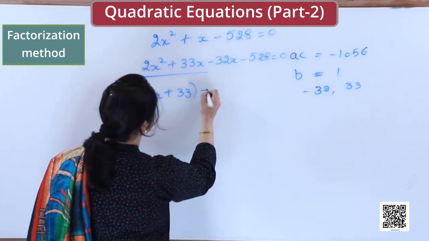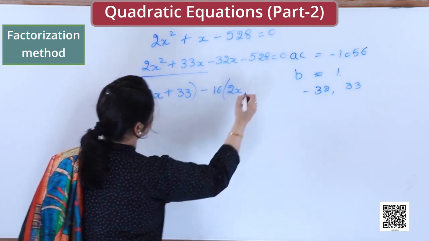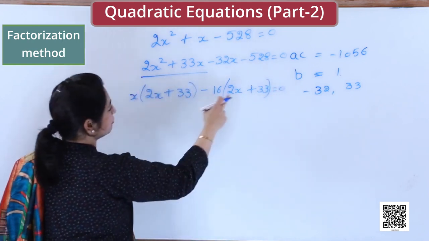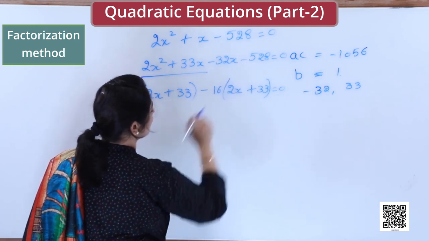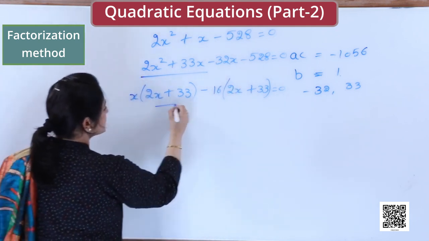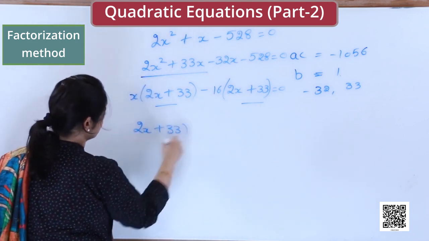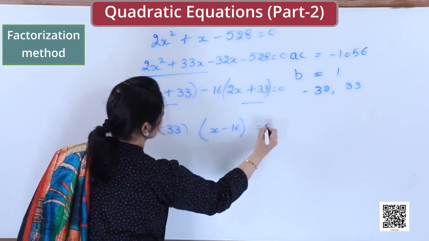And from here we can have 16 as common and here we will get 2x plus 33. Again we will have a plus sign here because when it is multiplied by minus, it will make minus 528. Again these two brackets are identical. So 2x plus 33 here and in the next bracket x minus 16.